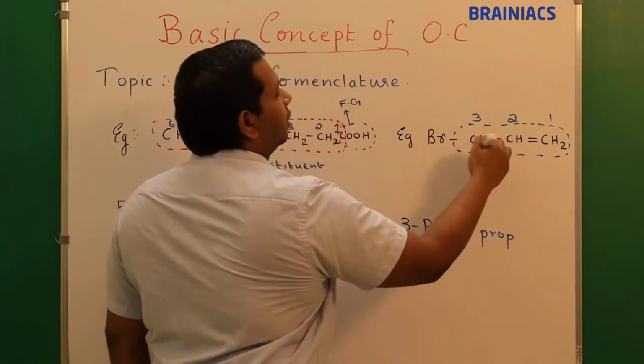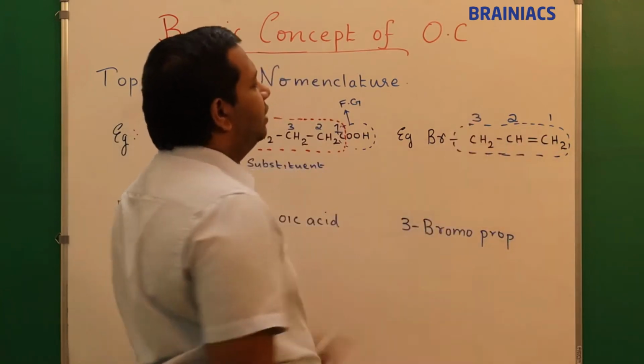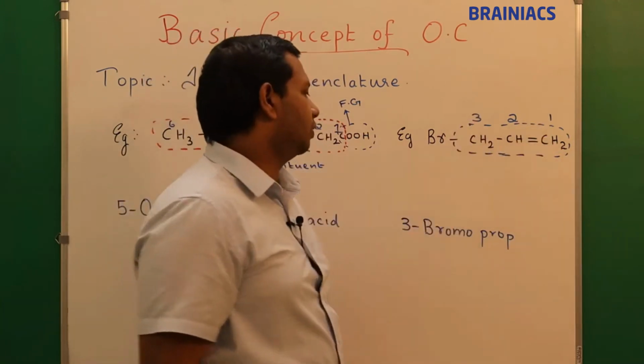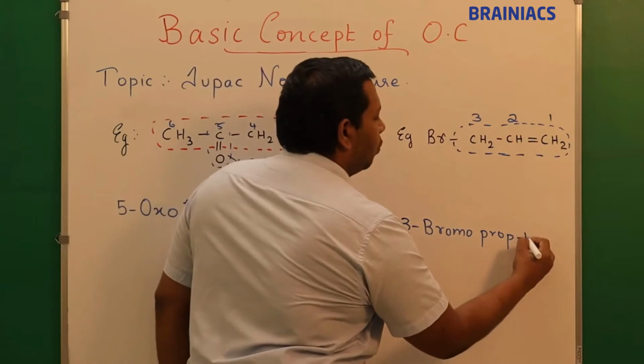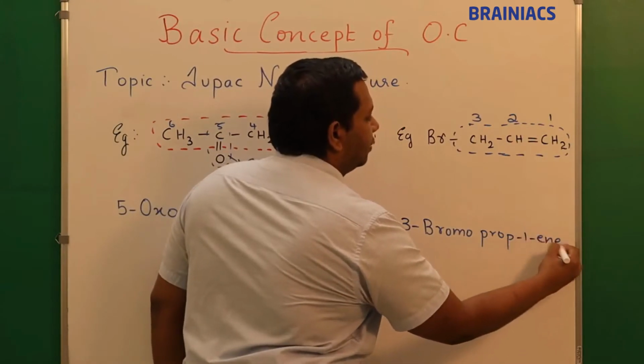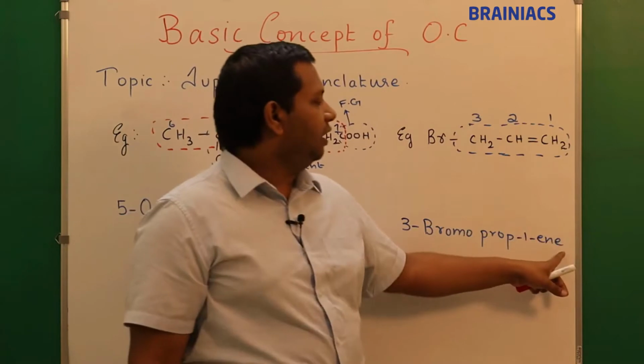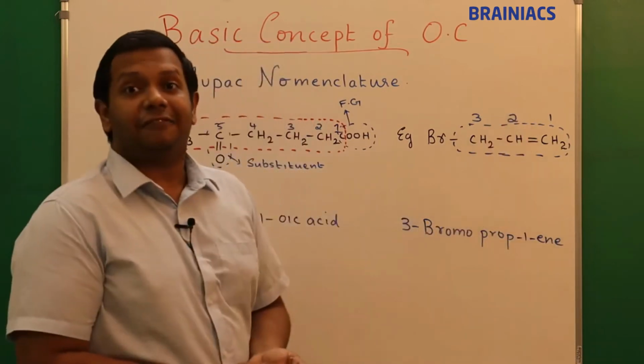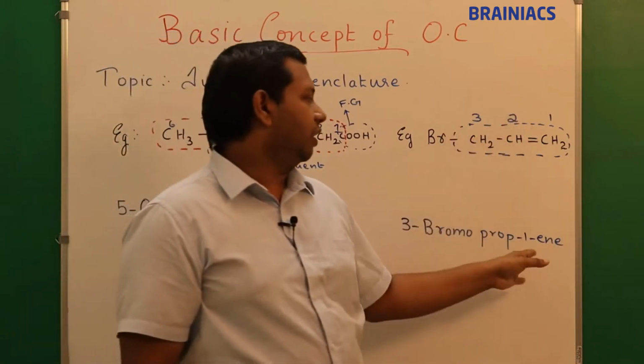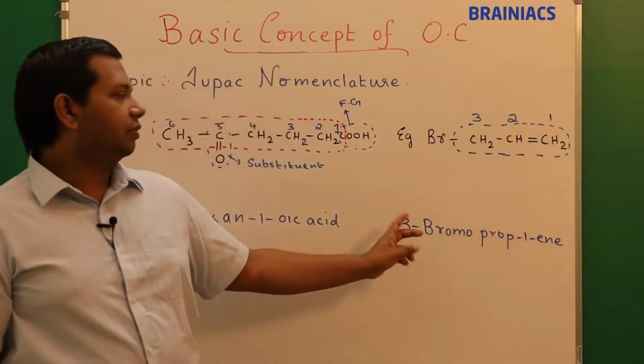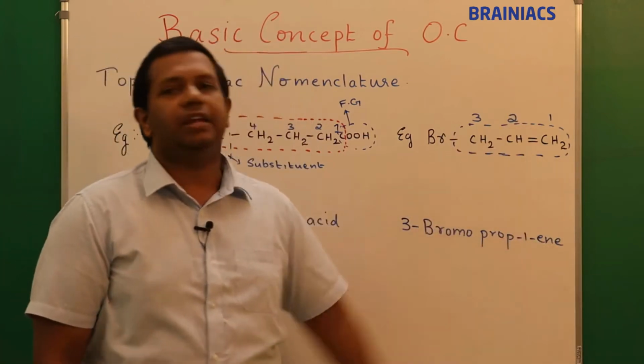Now I know that all in the parent carbon chain they are linked by double bond at position 1. So I can write prop 1-ene. Here I am writing yne because there is no secondary suffix, no functional group. So the answer is 3-bromoprop-1-yne.